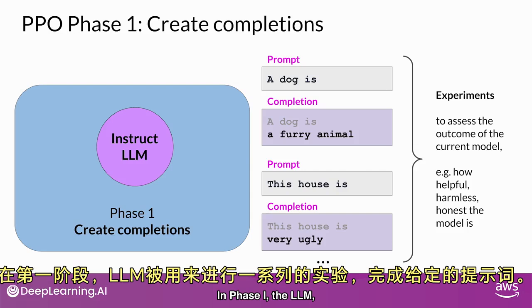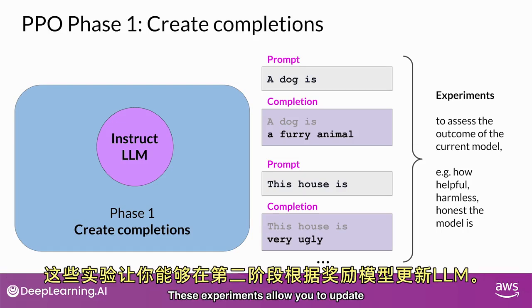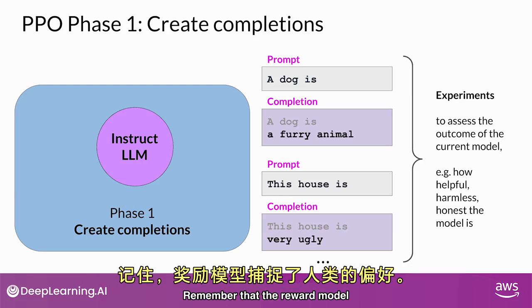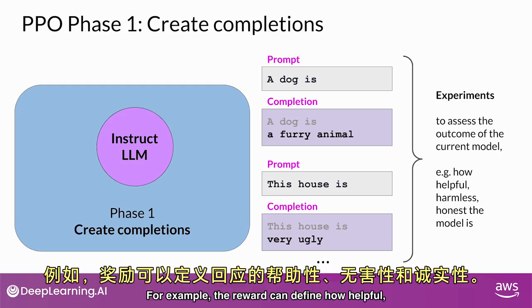In phase 1, the LLM is used to carry out a number of experiments, completing the given prompts. These experiments allow you to update the LLM against the reward model in phase 2. Remember that the reward model captures the human preferences. For example, the reward can define how helpful, harmless, and honest the responses are.